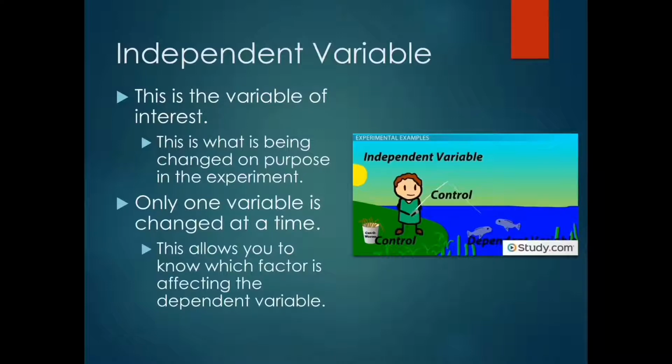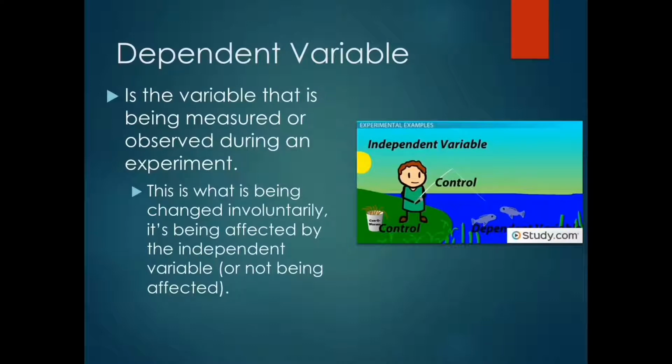If you're starting off an experiment and you want to see, let's say, how light affects the growth of plants, or what different factors can affect the growth of plants, you're going to start off with, let's say, light first, instead of trying to see if light and water are going to affect how the plant grows. And so only changing one variable at a time allows you to know which factor will affect the dependent variable.